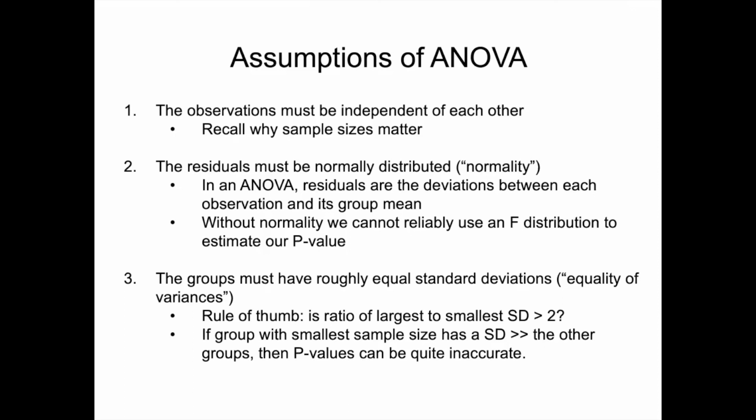If the group with the smallest sample size has the largest standard deviation, then we can have some even bigger problems and our p-values can get quite inaccurate. So these are the assumptions then of our ANOVA, and if we want our p-values to be appropriate, we need to make sure that we have met each of these assumptions.